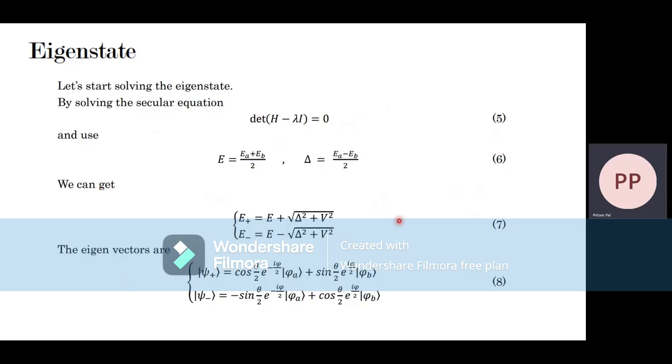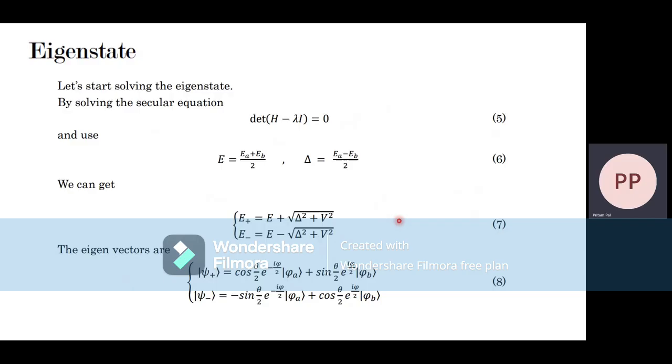If you simplify and calculate this, you will end up with the energy eigenstates corresponding to the two level system, and exactly two energy states, right? Because it's a two level system.